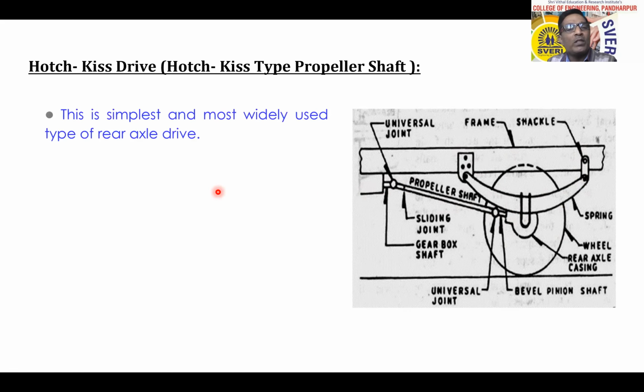So this is the simplest and most widely used type of rear axle drive. Wherever front engine rear wheel drive is there, in that case, this is commonly used, the simplest type of rear axle drive.